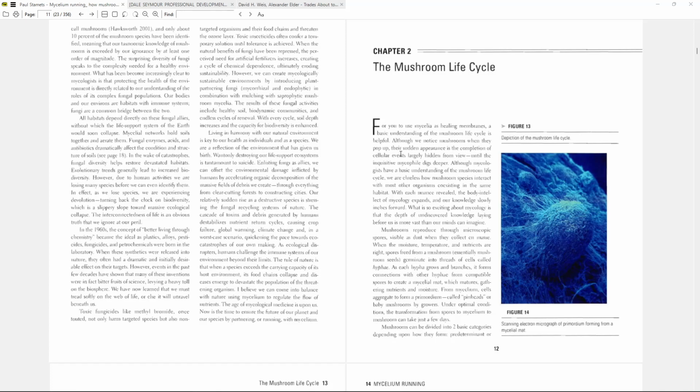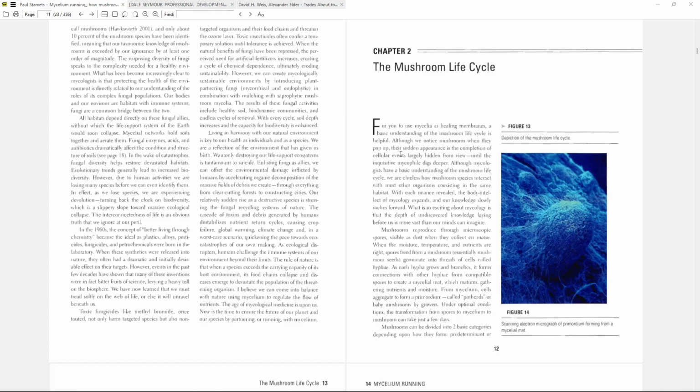Although mycologists have a basic understanding of the mushroom life cycle, we are clueless how mushrooms interact with most other organisms coexisting in the same habitat. With each new discovery, the body of mycological intellect expands and our knowledge slowly inches forward.